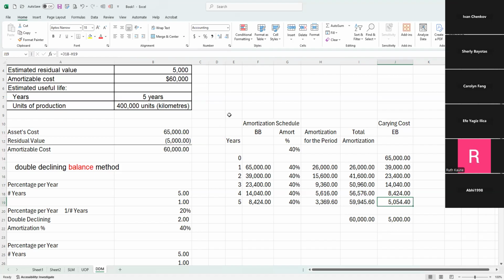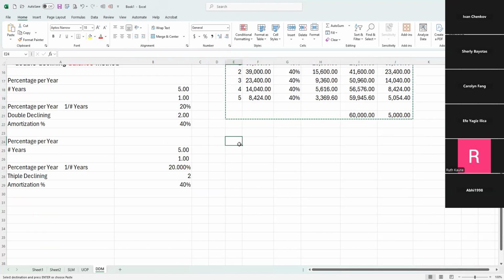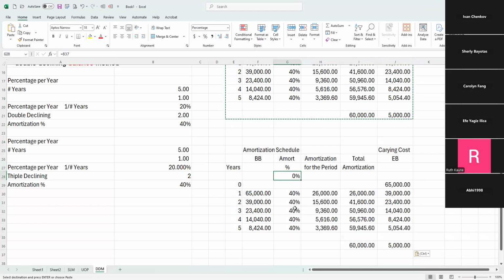Let's do the same thing. And let's use, instead of double declining, let's go with the triple declining. Okay? Let's go with the triple declining now.